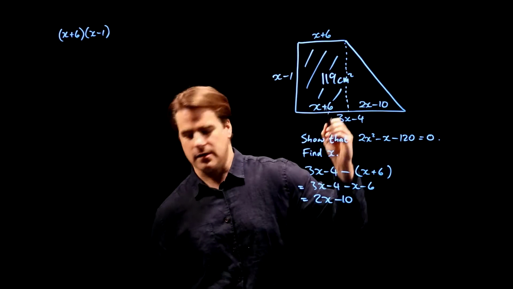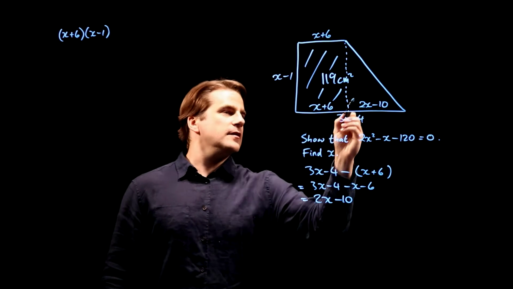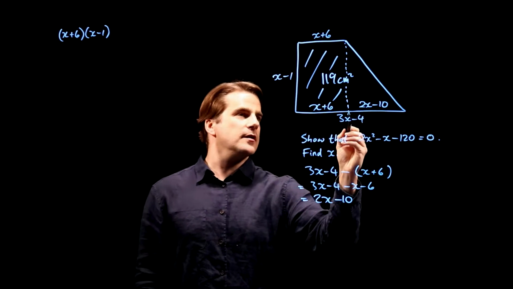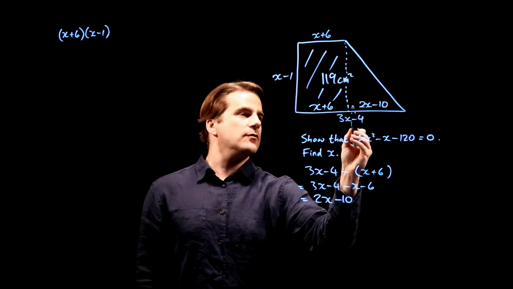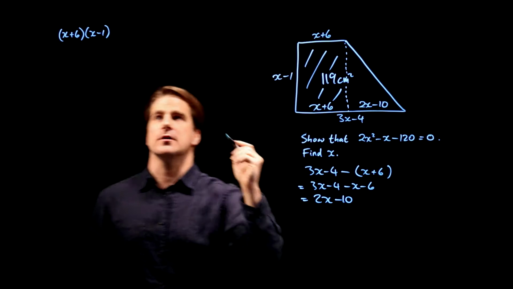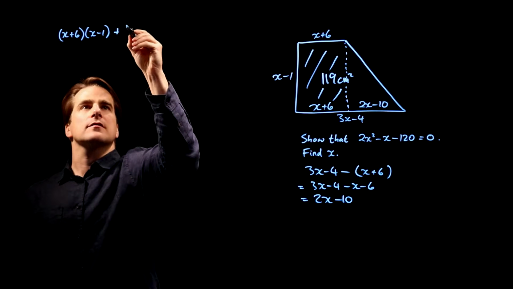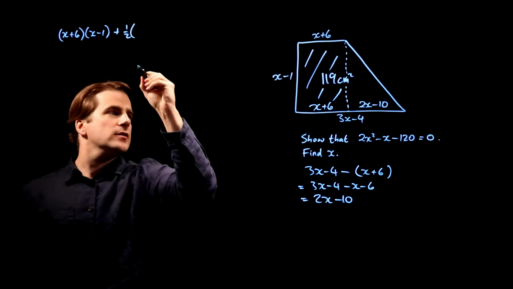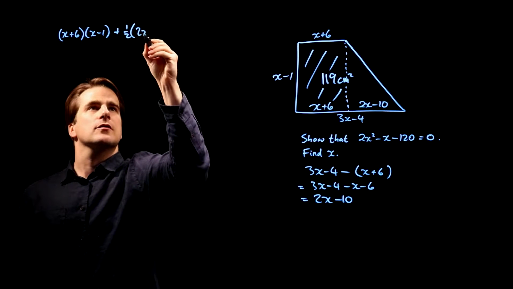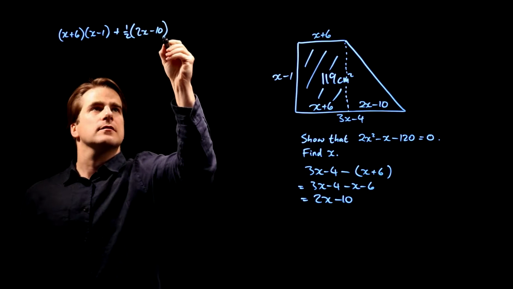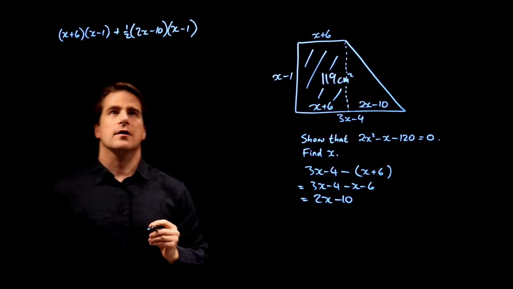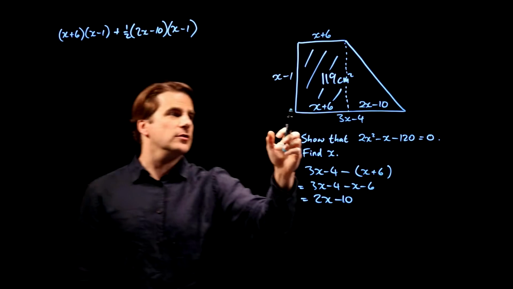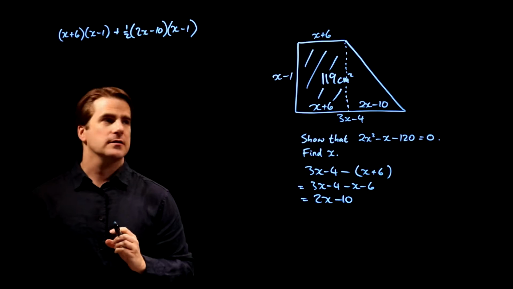Now this bit here is going to be half, because it's a triangle rather than a rectangle, of 2x minus 10 times x minus 1. So plus a half of 2x minus 10 times x minus 1. Okay, so that's the expression for the area of the whole thing.